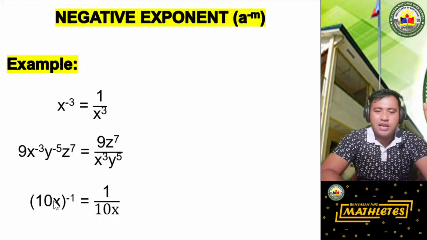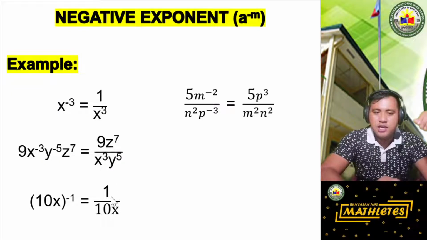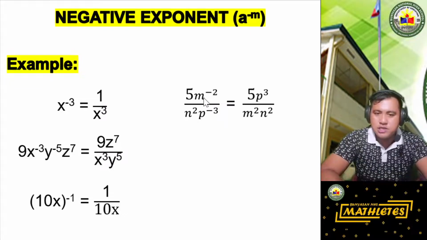Again, another example, you have 10x to the power of negative 1. So, that makes 1 over 10x. This one is 5m to the power of negative 2 over n squared p to the power of negative 3. As you observe, m has an exponent of negative 2.